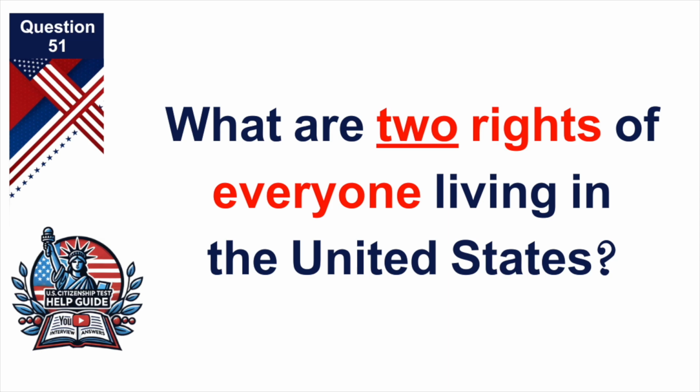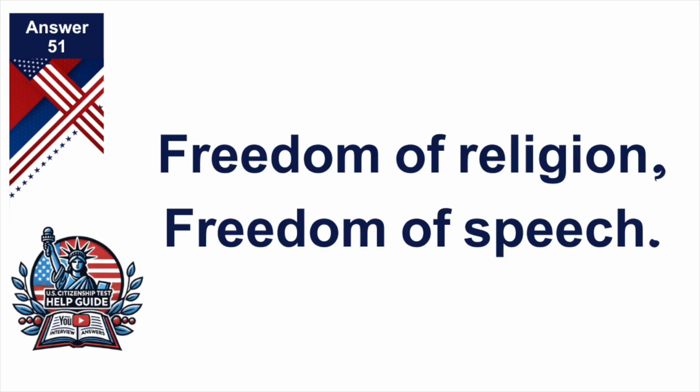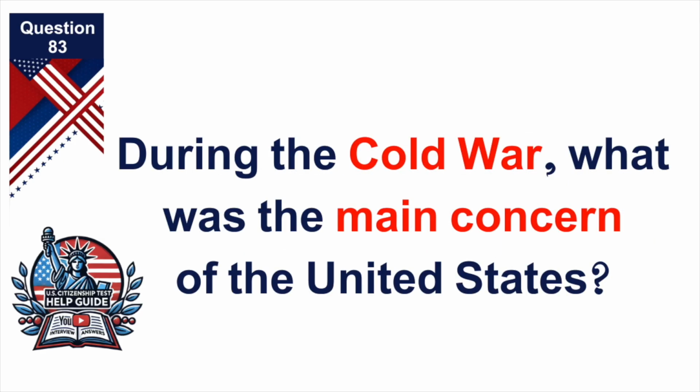What are two rights of everyone living in the United States? Freedom of religion, freedom of speech. During the Cold War, what was the main concern of the United States?